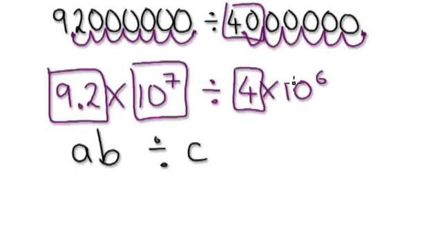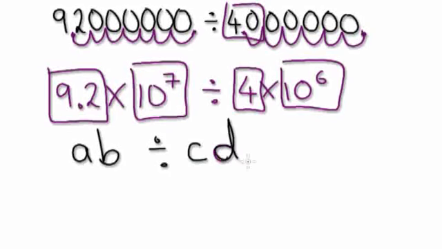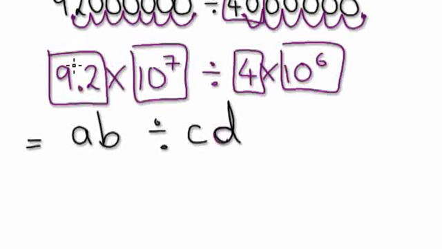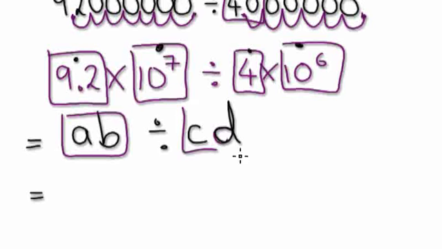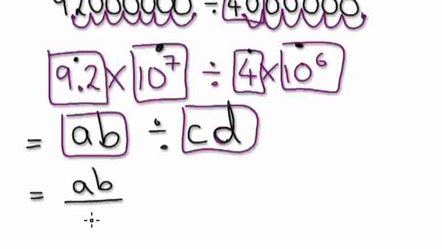Divided by C, and let's say this is D here, divided by D. Okay, so now just imagine, we've got this block times this block divided by this and this. So we can visualize this as one block divided by this block. So we can write it as AB over CD.